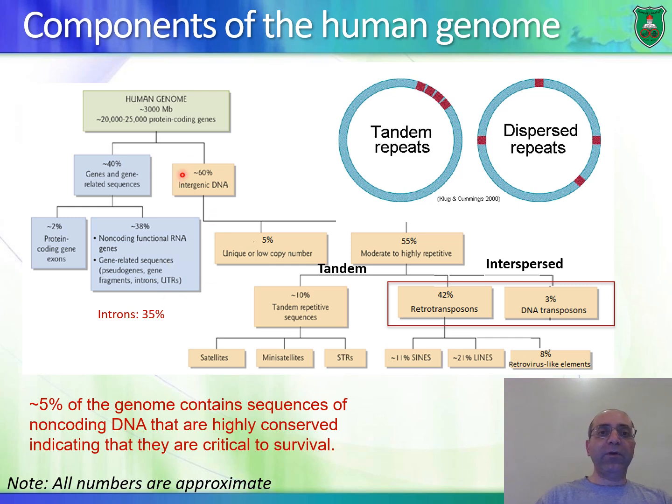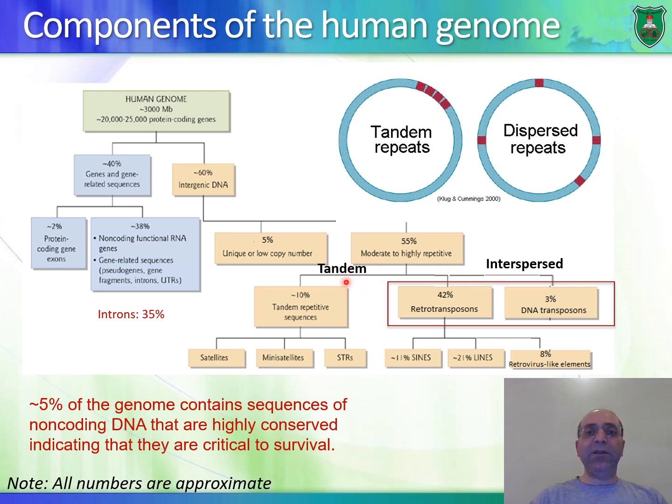But if you look at the 60% of the human genome, you have 5% unique or low copy number sequences, but the majority is basically repeats, that is regions that are repeated. So it's the same sequence in the human DNA, but it's repeated in different places or in the same place. Basically, this 55% can be divided into two types.